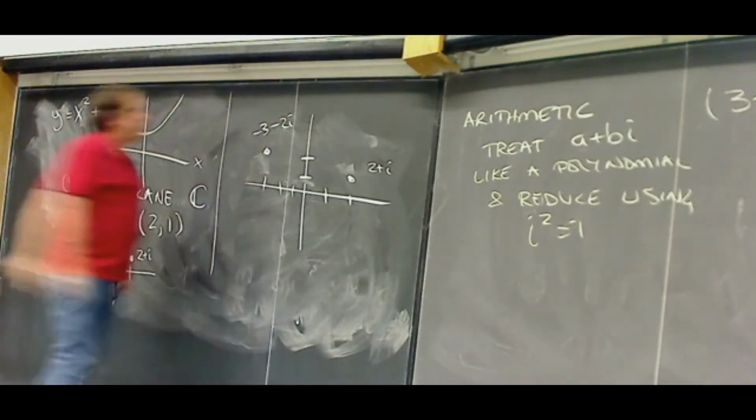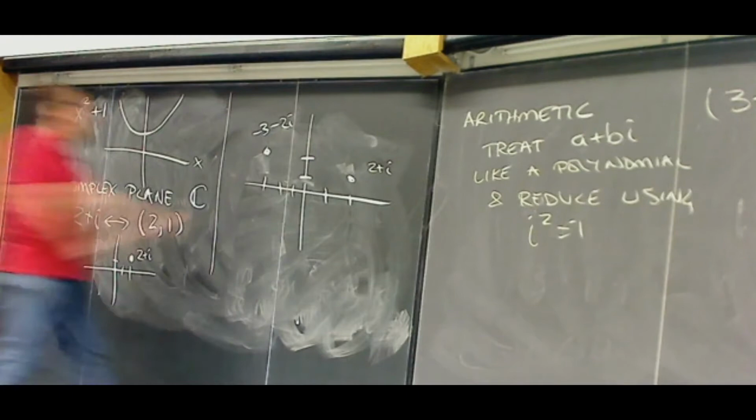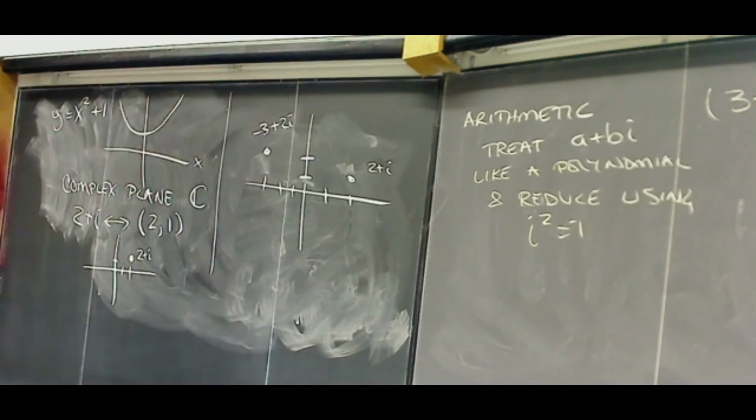Okay. So there's -3 minus 2i. I'm having a little difficulty with plus and minus lately. So I have those points there.